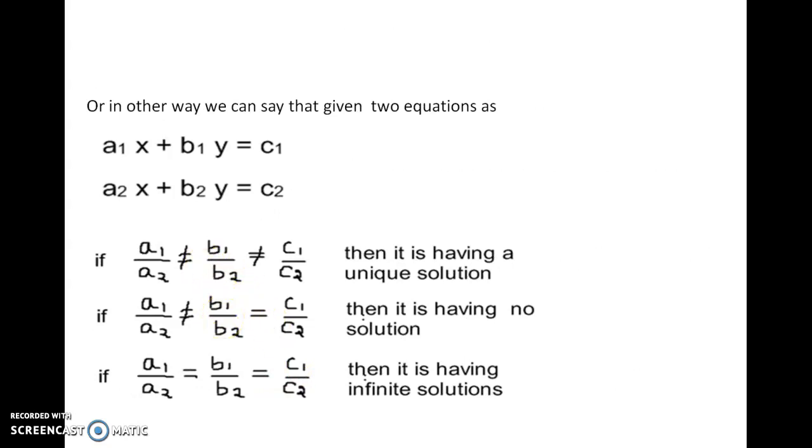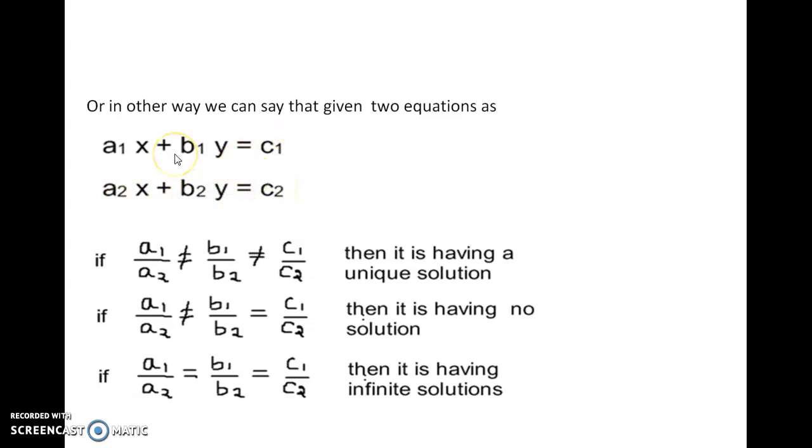The other way is, let us consider the two equations here: a1x plus b1y equal to c1, and a2x plus b2y equal to c2. So these are the two equations you have. a1, b1 and a2, b2 are the coefficients of x and y of these two equations. c1 and c2 are the constants.